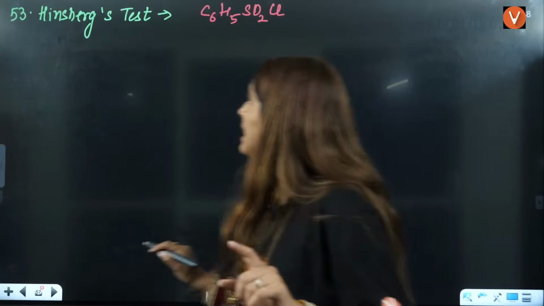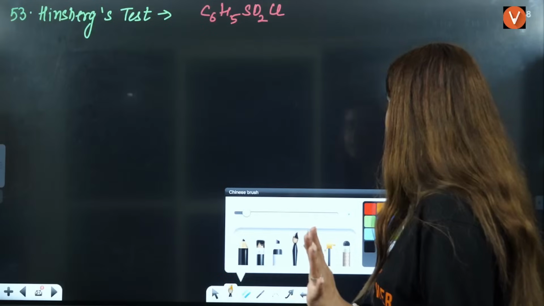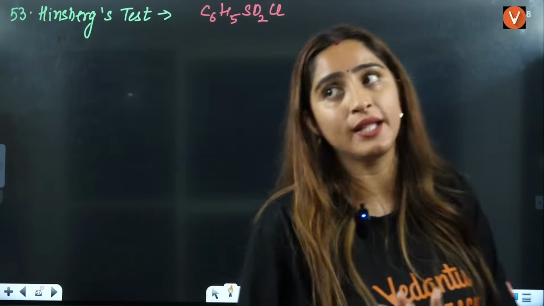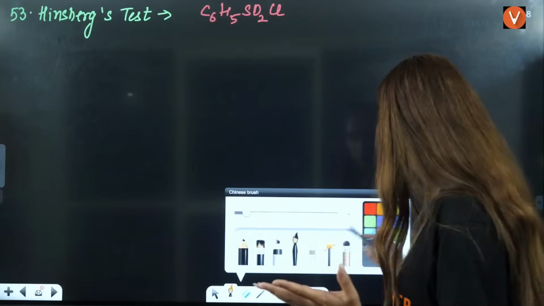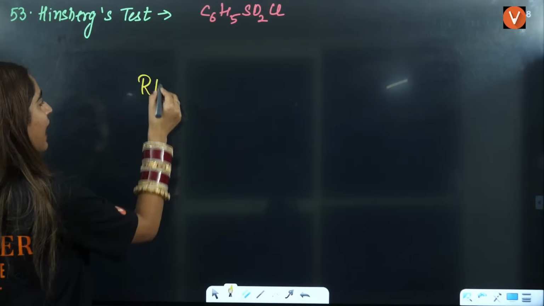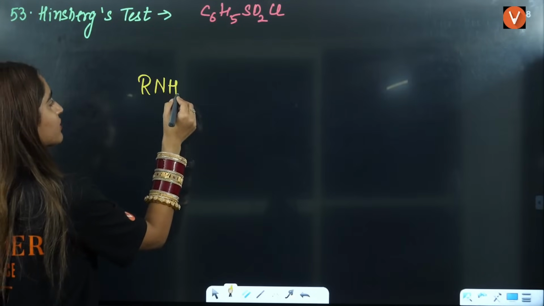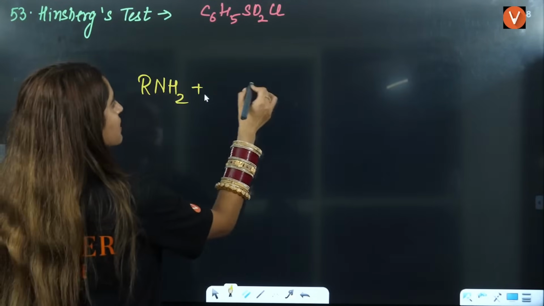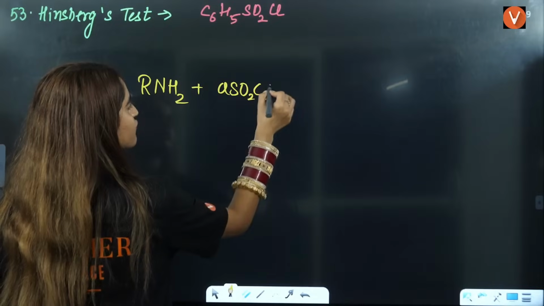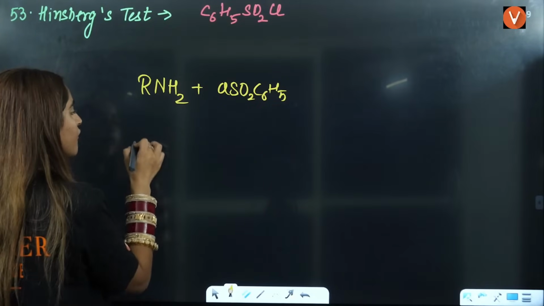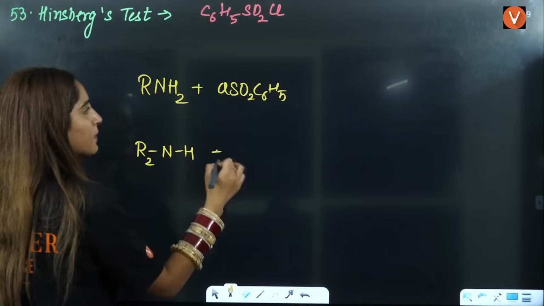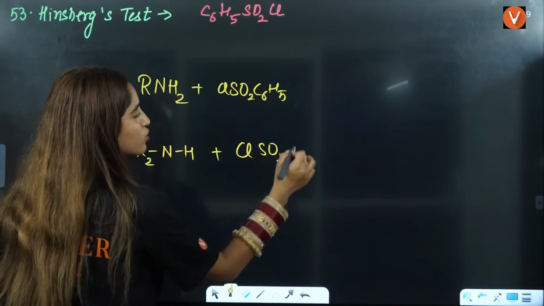Very good. Next is the Hinsberg test, that is the distinguishing test for 1 degree, 2 degree and 3 degree amines. So in the Hinsberg test, what you have to do? See, if you have, let's say, RNH2, plus C6H5SO2Cl, that is a benzene ring. Again you have R2NH, plus again Cl SO2 C6H5.